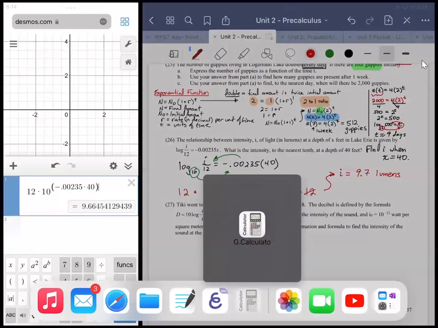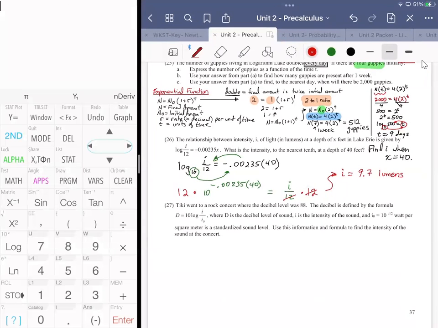This one is just straight number crunching. So it's really not that bad. It's 12 multiplied by 10. When you want to raise to a power using the TI calculator, remember it's that caret symbol. And with the TI-84s, it actually makes it an exponent.